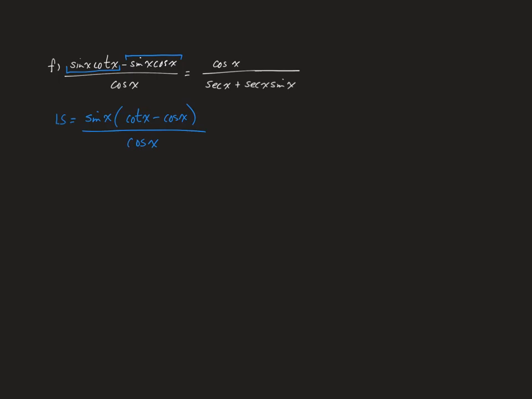I get to that point, and now maybe I'm a little stumped. Well, I do notice that I have cotangent on the inside, and I know that that's a reciprocal ratio. So I can replace my cotangent with 1 over tan.